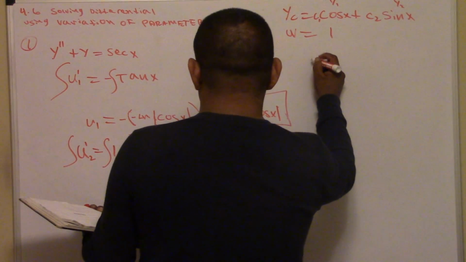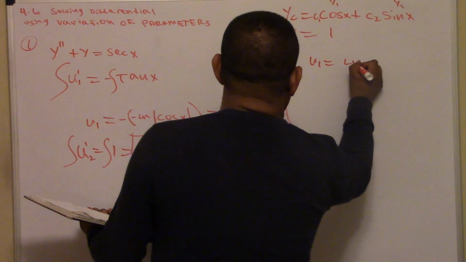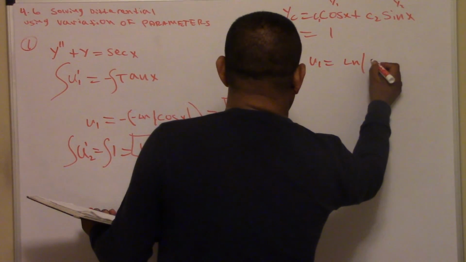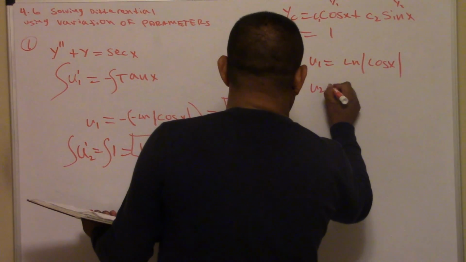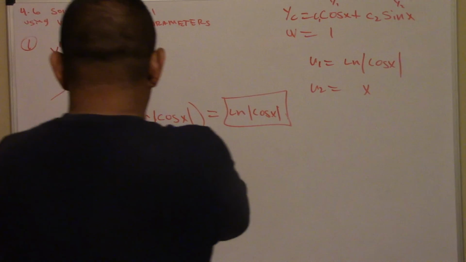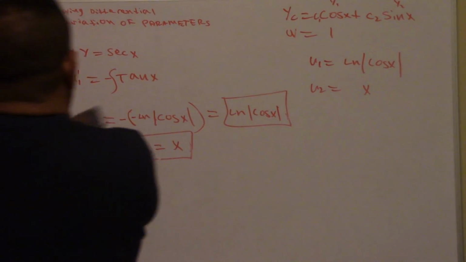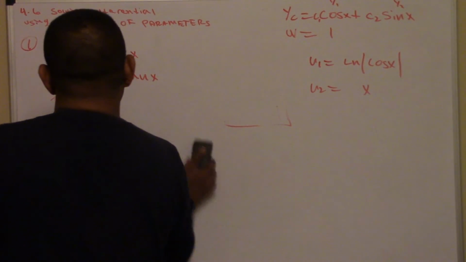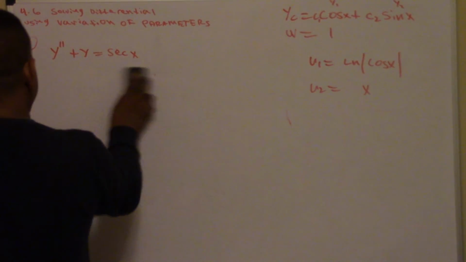Okay, I have U1 is equal to ln of absolute value of cosine x, right? And U2 is equal to x, right? So let me just clear this up.